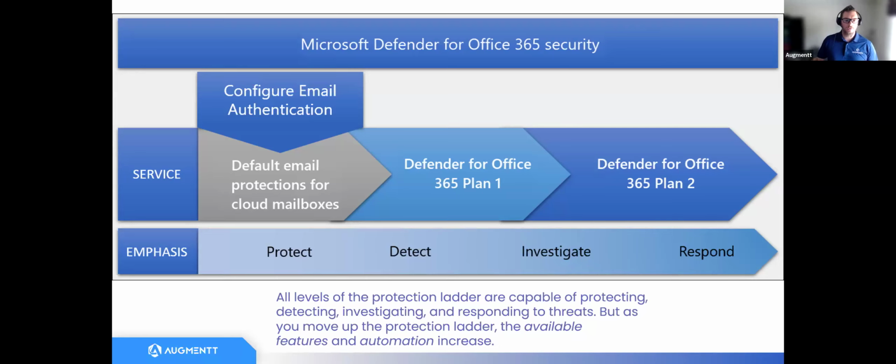But as you move up the protection ladder in terms of the plans and features, the available features and the automation increases. The problem is efficiency is everything for MSPs. You need that automation across all your customers, but all those customers don't have the typical budget that an enterprise would have to easily afford the Plan 2, which is where your life becomes a little bit difficult.